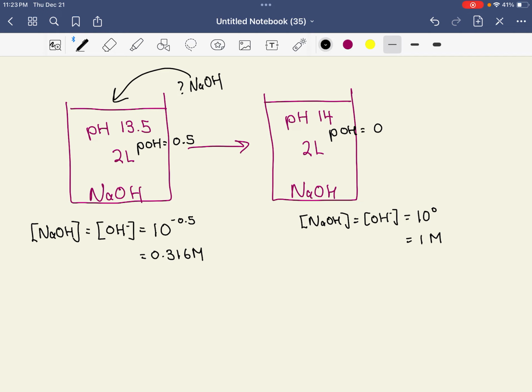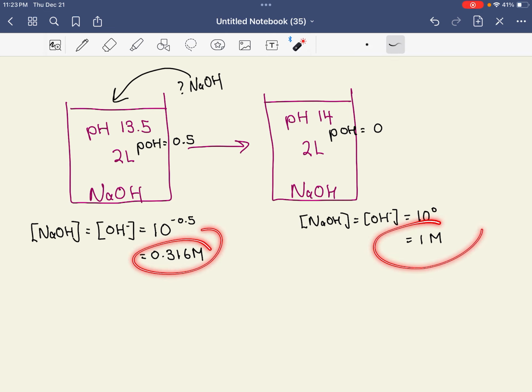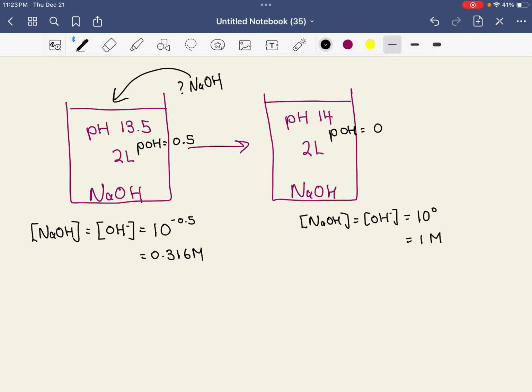All right. Now, obviously, you're making things more concentrated here. So you're not going to use the dilution formula because that will be really weird. Instead, you're going to find out how many mole is in here and how many mole is in here. To do that, it's simple.